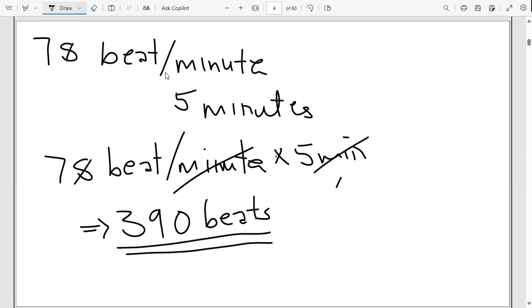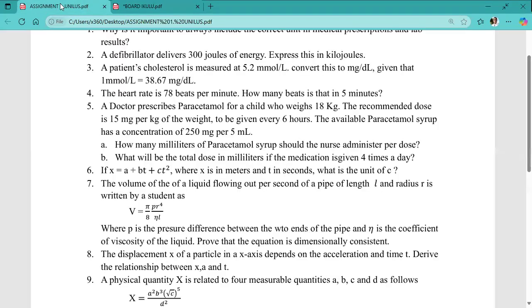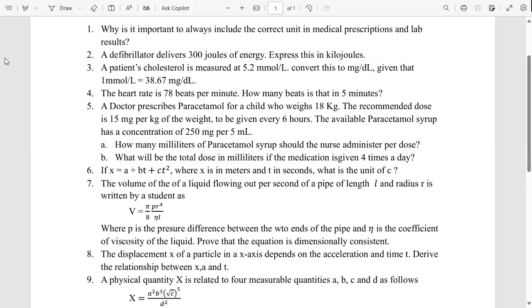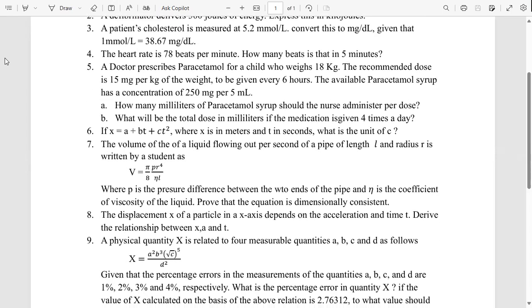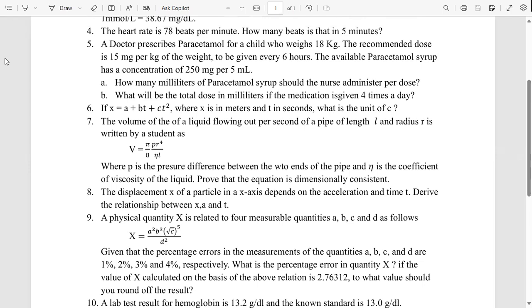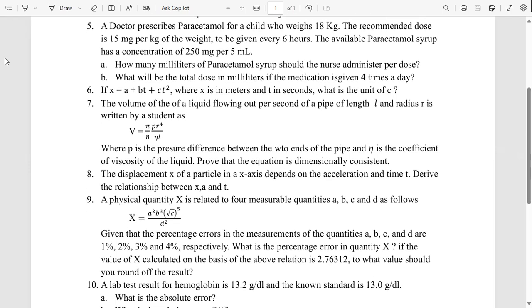So that is the answer. We're just going to multiply directly since the conversion factor has already been provided: we have 78 in 1 minute, how many are we going to have in 5 minutes? This question is phrased in such a manner that even a grade 1 pupil should be able to answer. Okay, so that was all on question 4. Let's now go to question 5.